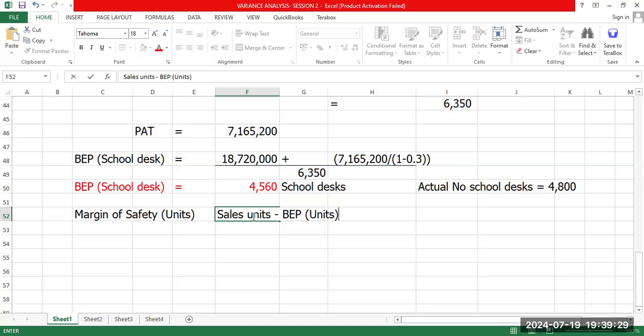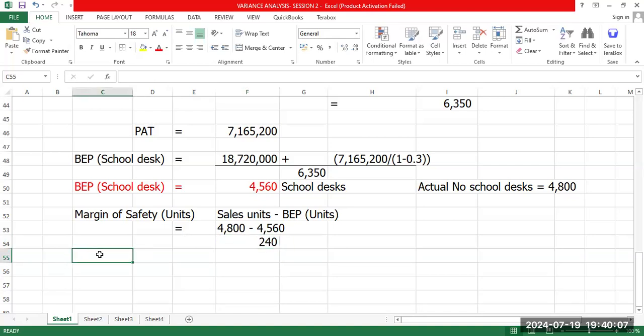That is, if they ask you margin of safety in units, that's what you can do, which would be 4,800, then minus 4,560. That would be your margin of safety in units.